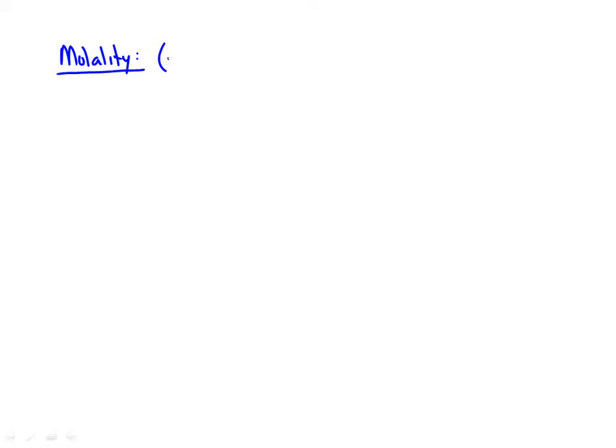The other annoying thing about molality is it has a lowercase m as its symbol, and molarity has an uppercase M. So you also have to be careful when you're writing to clearly distinguish lowercase and uppercase m's. So penmanship counts.